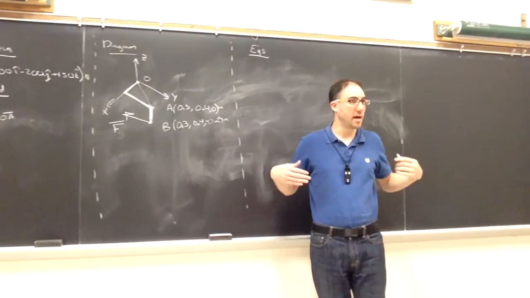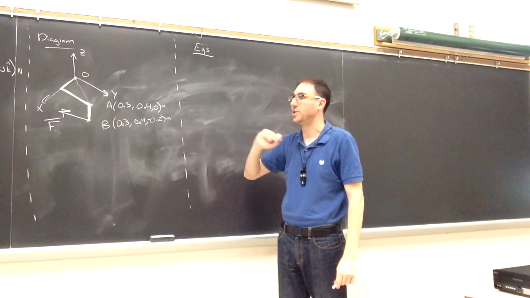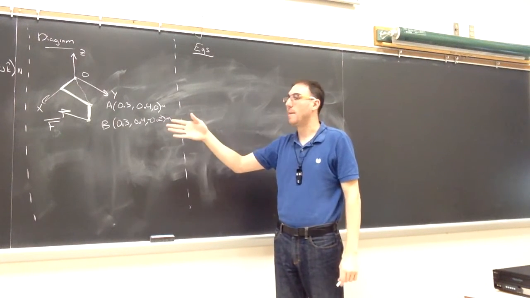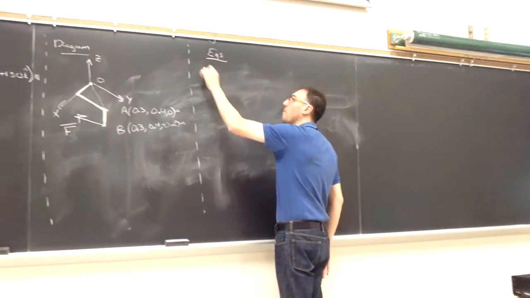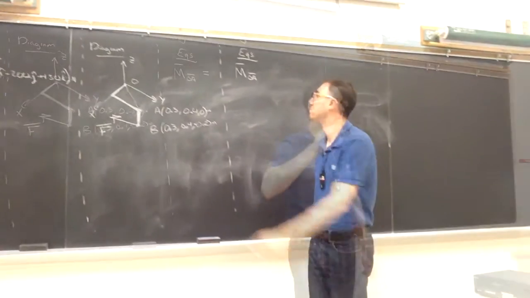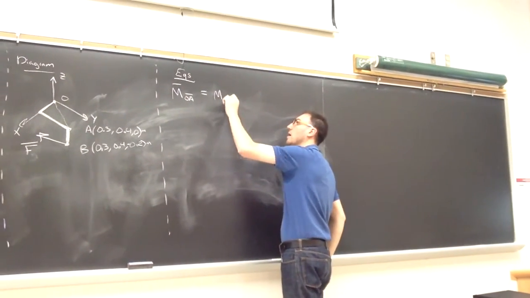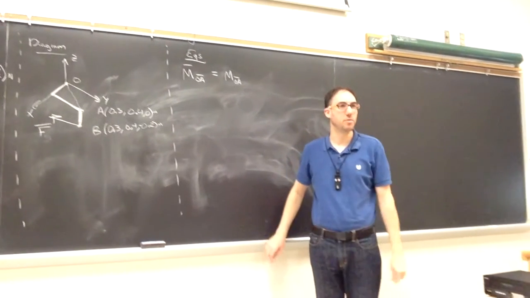Right, for this problem, let's start at the end and work our way forward so we know where we want to get to. Remember, what we're asked to find is the moment around axis OA. I need this thing's magnitude first. And then what am I going to multiply that with?